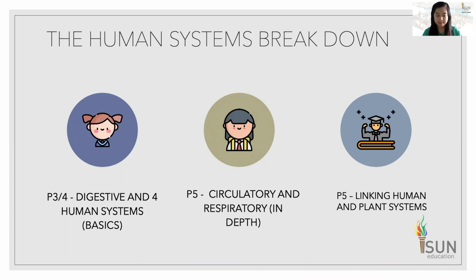When it comes to primary 5, you need to know the circulatory and respiratory systems in depth, as well as linking human systems with plant systems. One special note: other than knowing the human respiratory system, you need to know the fish respiratory system as well. There are some common misconceptions among students when they are learning this topic.